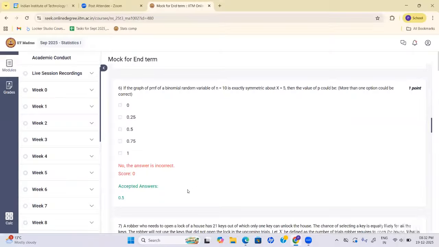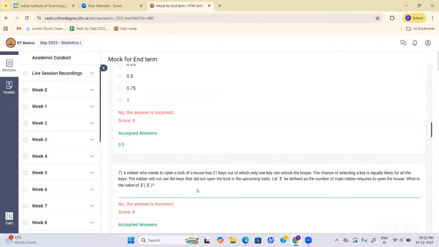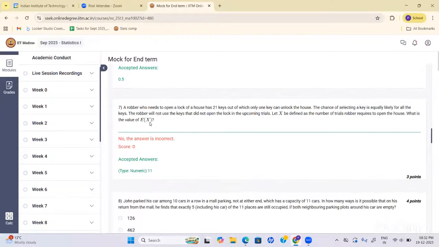Okay, any other question? Then the next question is: a robber who needs to open a lock of a house has 21 keys, out of which only one key can unlock the house. The chance of selecting a key is equally likely for all the keys, and the robber will not use the key that did not open the lock in the upcoming trials.